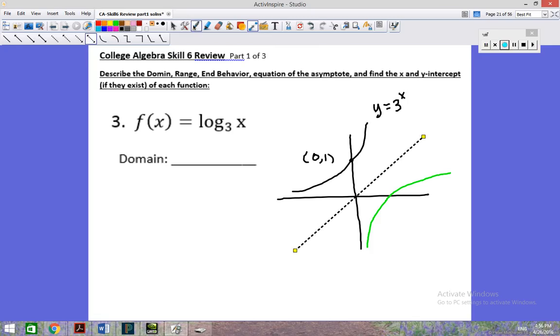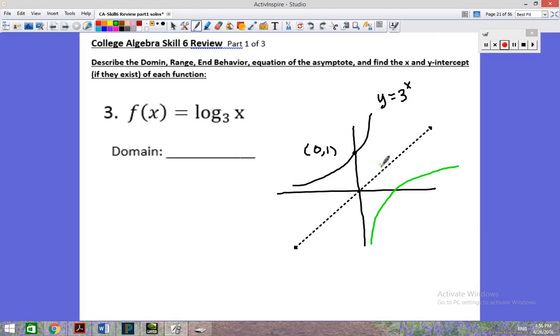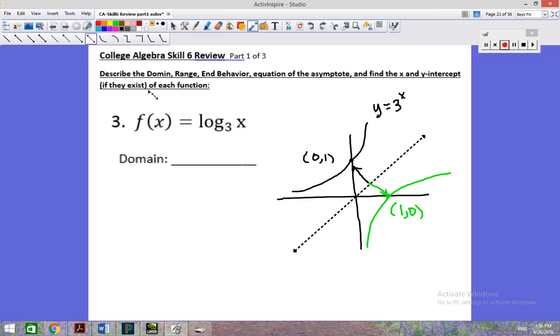So this line is serving as a mirror. The image to the left is reflected over here, and if the domain and range have switched, the x's and y's have switched, so (0, 1) is transformed to (1, 0), and the horizontal asymptote for the exponential function now becomes the vertical asymptote for the logarithmic function.